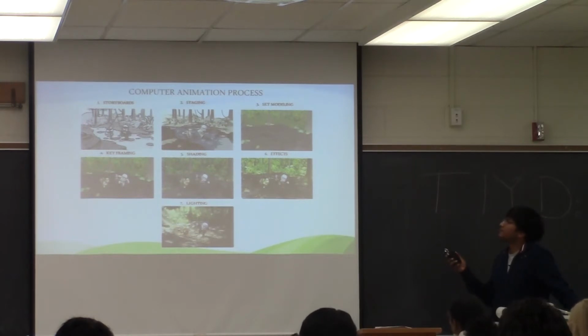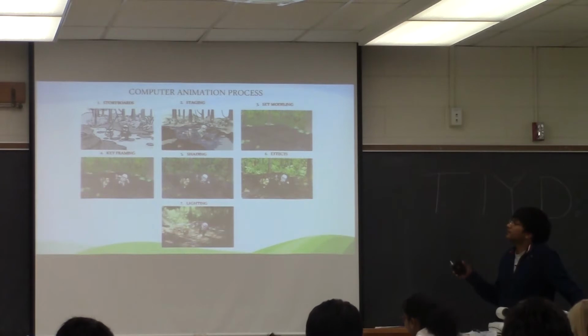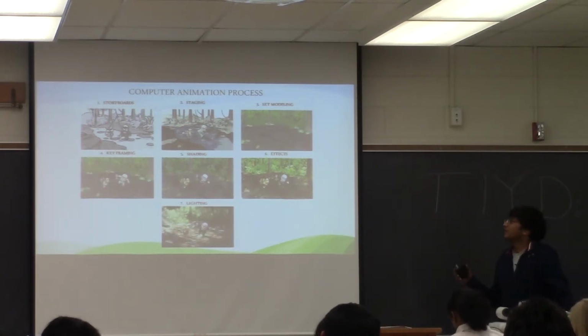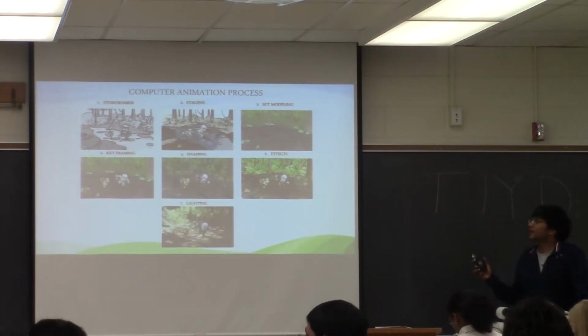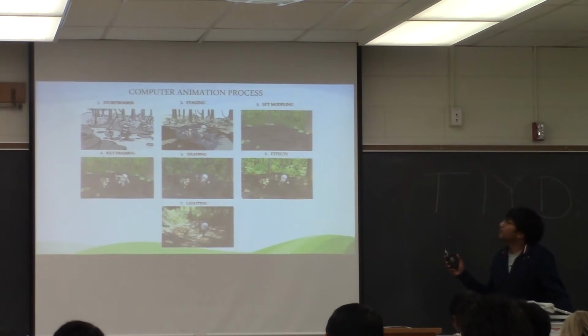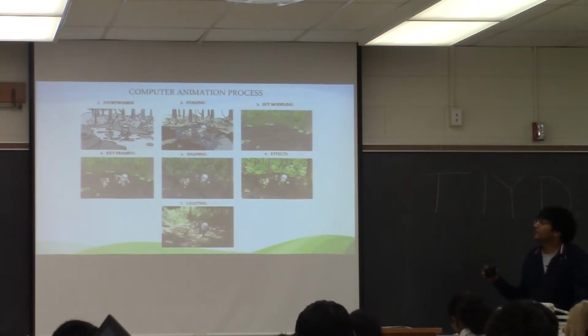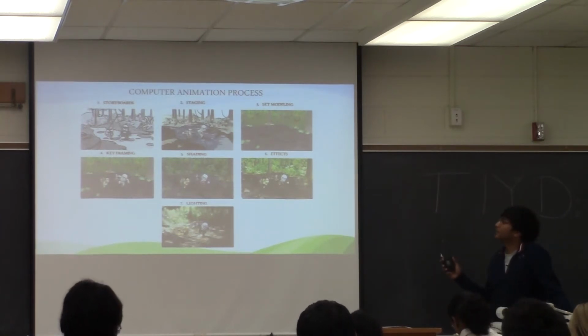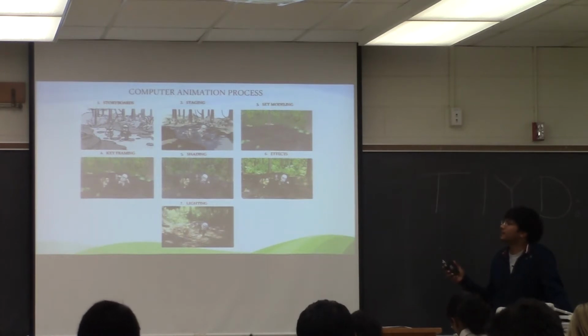Coming to the advanced level computer animation process, the first step is the same, a storyboard, and from the second step onwards, it is different from the traditional animation process. Second is staging, where you develop all the background pictures and the figures in the same staging stage, and in set modeling, the background is generated with computer algorithms and integrated circuits.